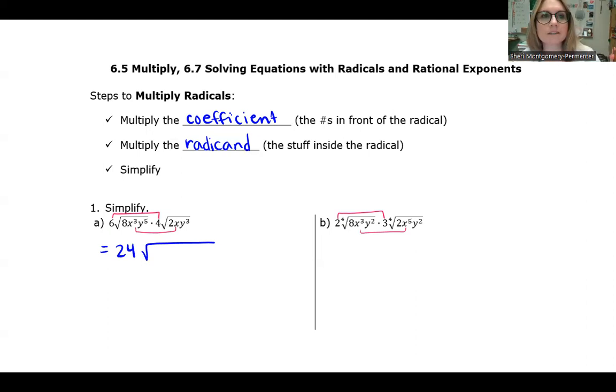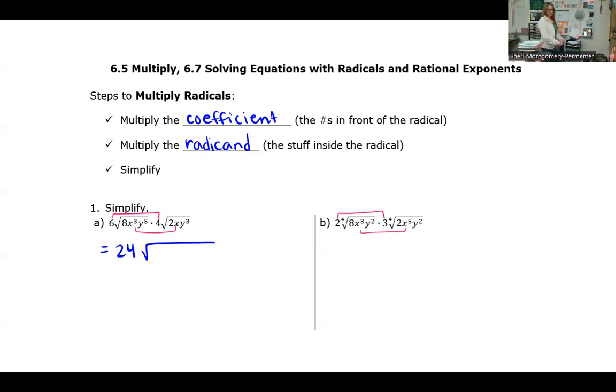So then I'm going to look at the stuff underneath the radical. Numbers go with numbers. The variables go with variables. So as I'm multiplying this, the inside stuff, I'm going to multiply the 8 times 2, and that'll get me a number. And then I'm going to look at the x's. I have 3 and 1, so that'll make 4. And then I have 5 and 3 on the y's.